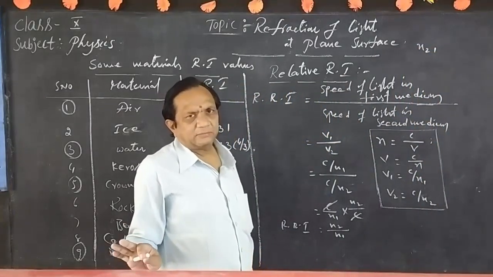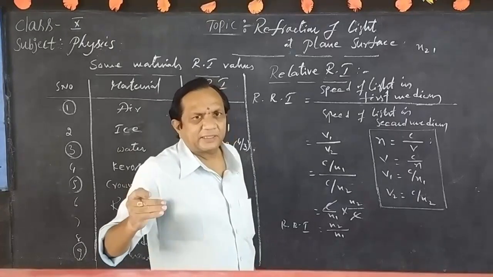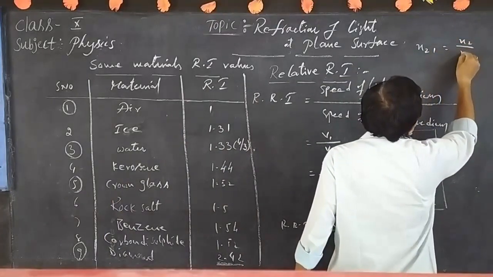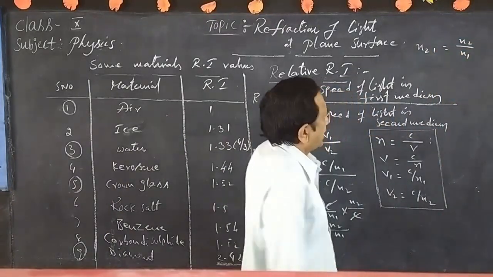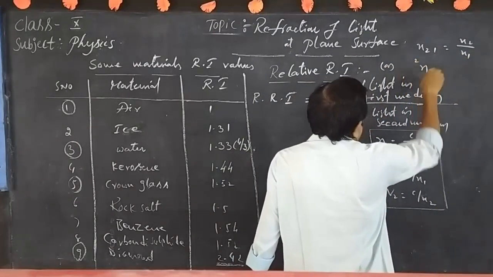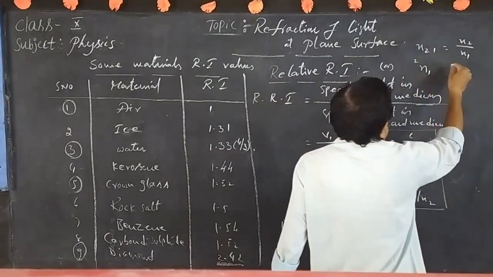It is not twenty-one: it is the second medium with respect to the first medium, which equals N2 by N1. Write it like that. Or otherwise this can also be written as N21. That is also right, with the same meaning.